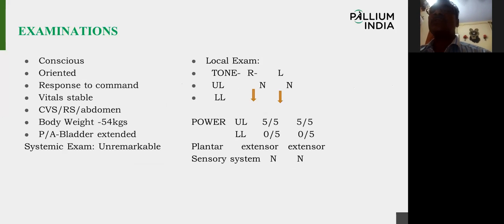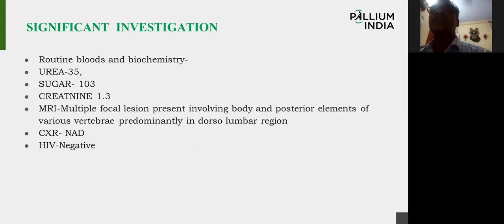Power in the upper limbs was normal, lower limbs 0/5 in both. Plantar extensor, sensory system normal. These are the investigations carried out; except the MRI, all other investigations are normal.